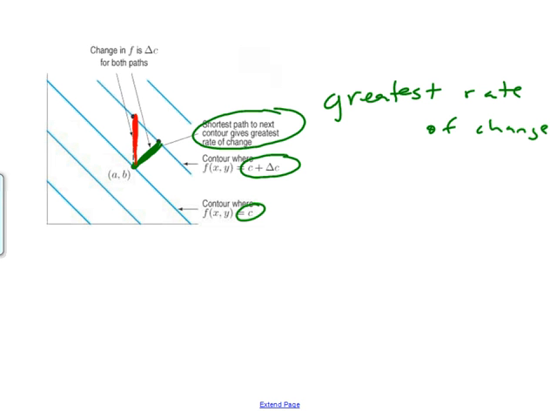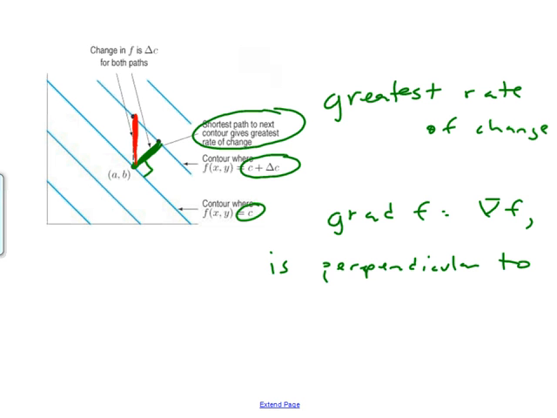So if we think about what that implies, sorry, not our gradient vector, so our grad f, which is the same as del f, is perpendicular to the contour lines.